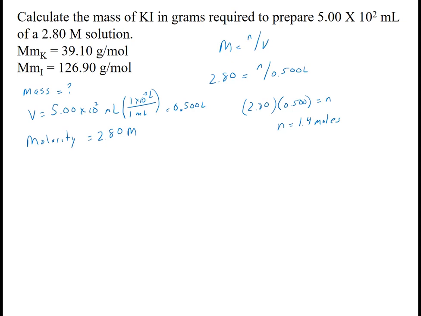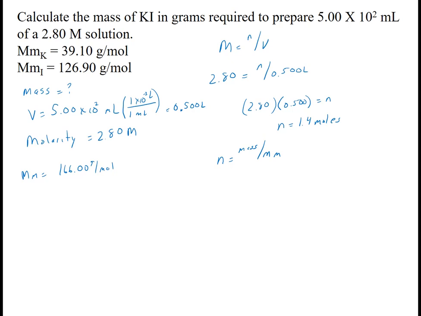Okay, however, it doesn't want moles, it actually wants mass. So again, n is mass divided by molar mass. Okay, I have n, I want mass, so I need to find molar mass. So the molar mass of KI is 166.00 grams per mole.